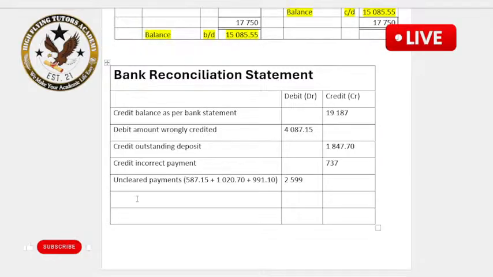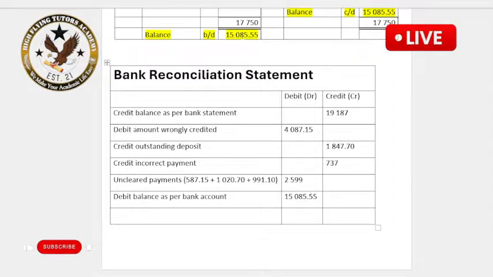it means we are going to say debit balance as per bank account. I hope I make sense right there. So we're going to take this 5,087 from the bank account.